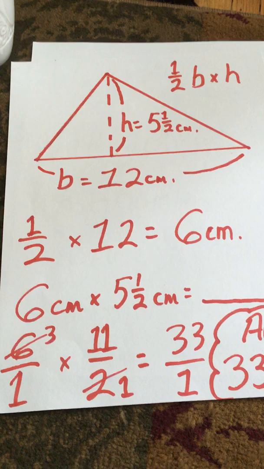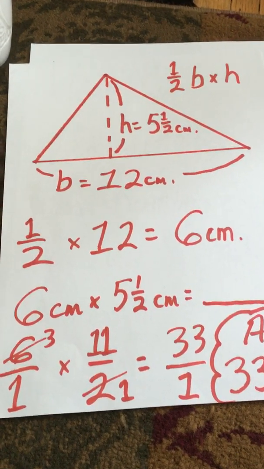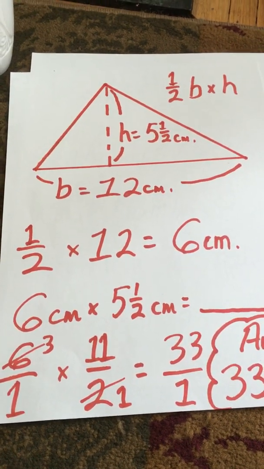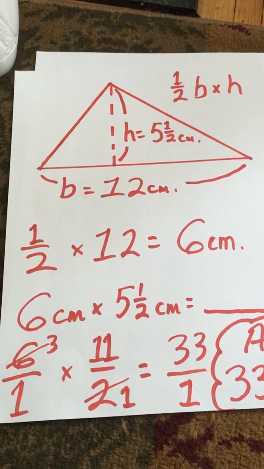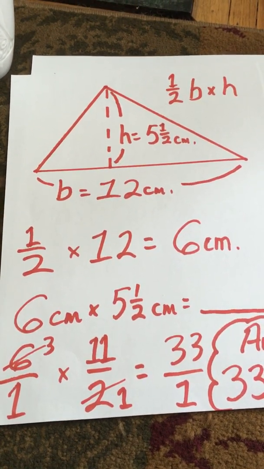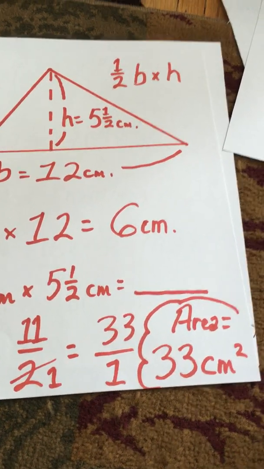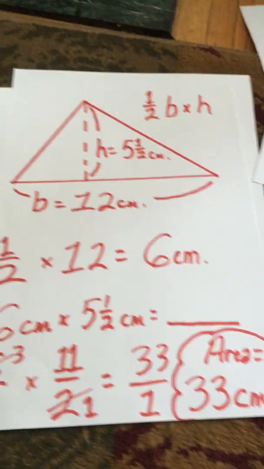I went ahead and changed them both to improper fractions. 6 translates to 6/1, and then 5.5 translates to 11 halves. I did a little simplification because that'll make your life easier as well. And it simplifies down to 3/1 times 11/1. That's a pretty easy multiplication. Grand total 33. The area of that polygon, 33 square centimeters.